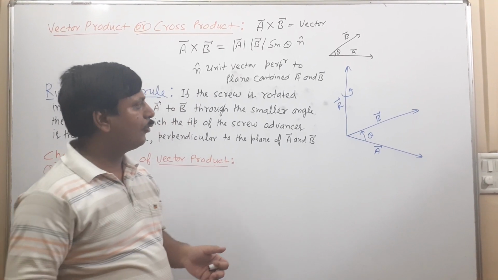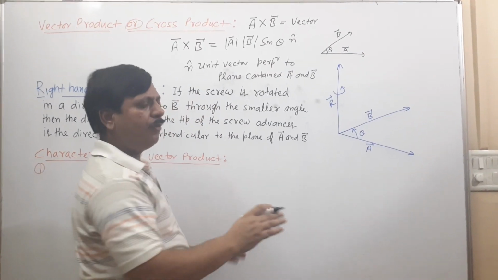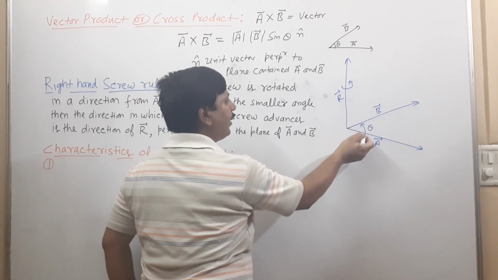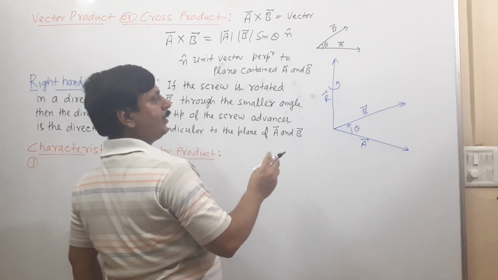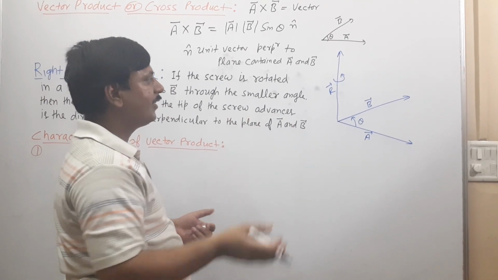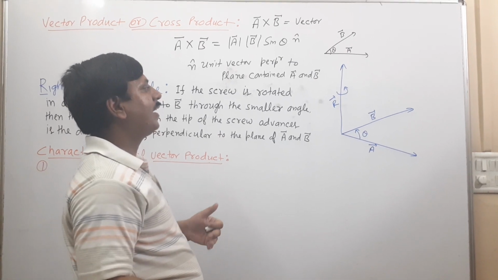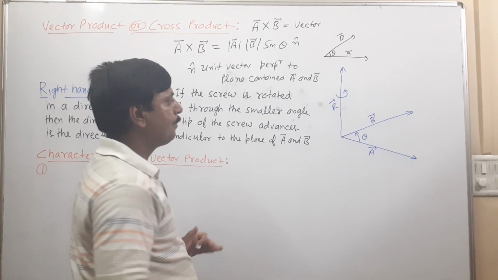What is the right hand screw rule? If we rotate a screw from the first vector to the second vector through the smaller angle, the direction in which the tip of the screw advances will be the direction of n cap, or you can say the direction of A cross B.